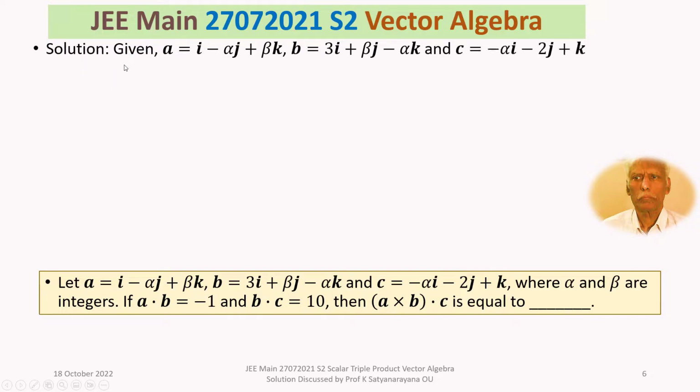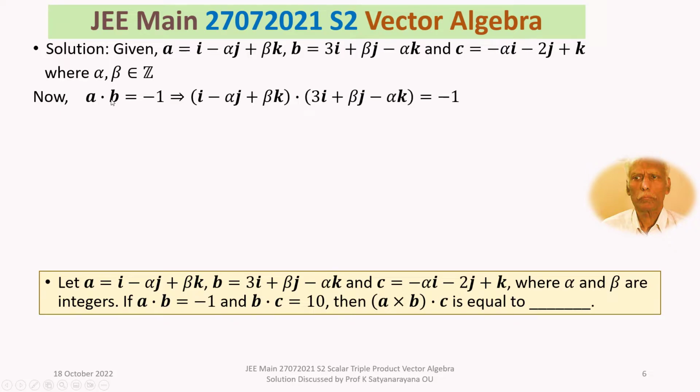Solution. Given the vector A is i minus alpha j plus beta k, the vector B is 3i plus beta j minus alpha k, and the vector C is minus alpha i minus 2j plus k, where alpha and beta are integers. You are given A dot B is equal to minus 1. So (i minus alpha j plus beta k) dot (3i plus beta j minus alpha k) is equal to minus 1.